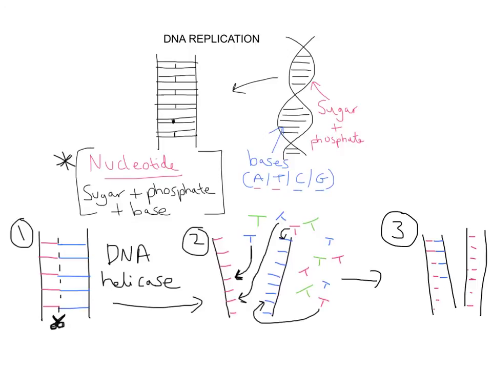It's only a very rough sketch, but hopefully you can see where I'm going with this. So if you take all those free nucleotides here and complementary base pair them to all the exposed bases on the two strands, we're essentially just recreating our original strand, and we have two, copy one and copy two, two identical strands.